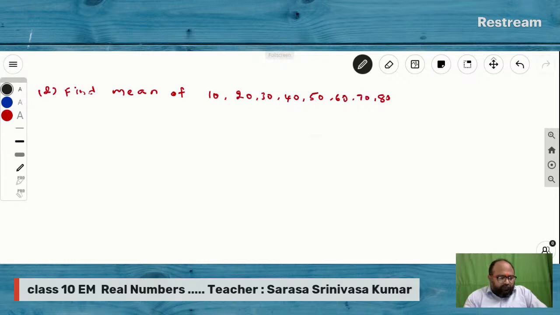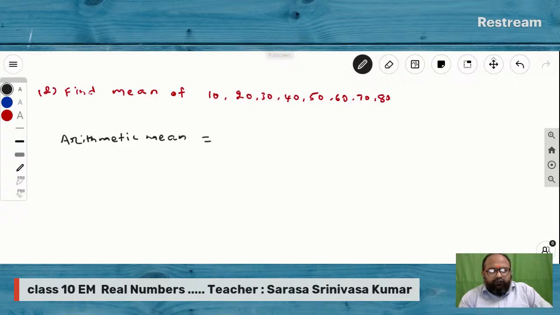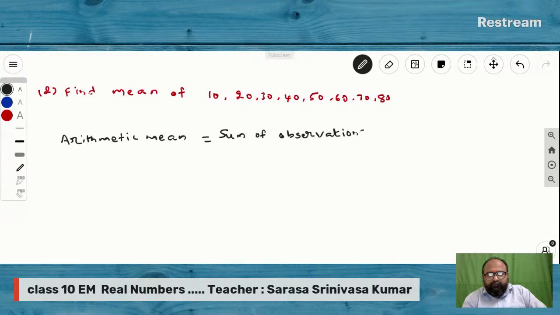So now we note down the formula. Arithmetic mean equals sum of observations by number of observations.